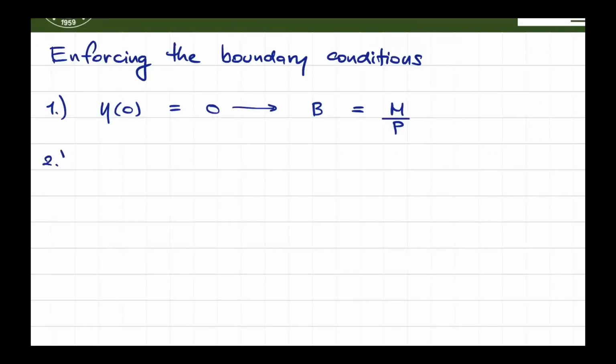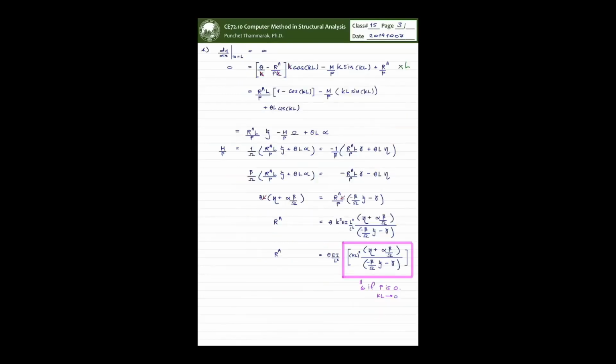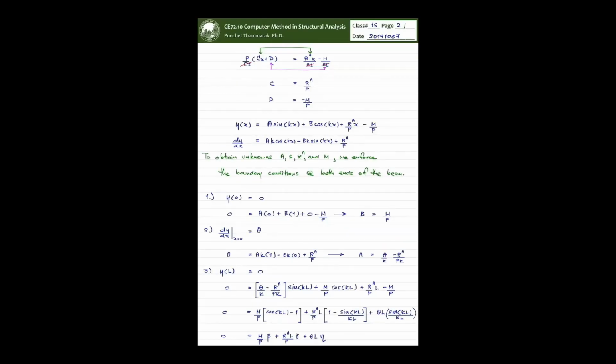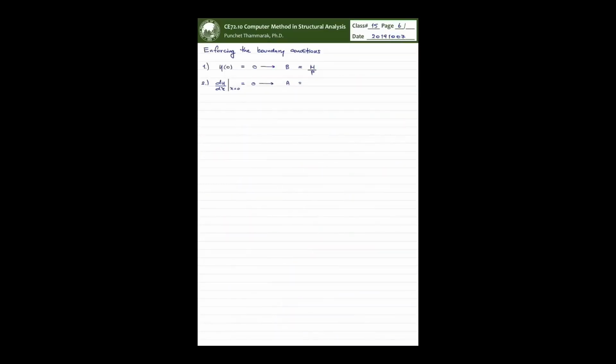Second, dy/dx at x equals 0 equals to 0. That makes your A equals to, let me go check what should be the A. The A should be RA over P K minus something.